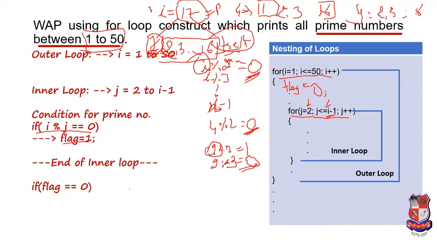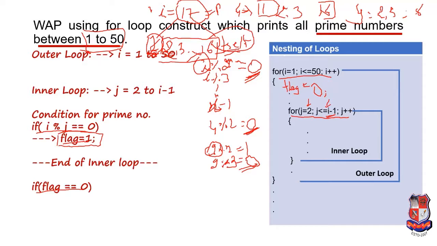Now after the inner loop and inside the outer loop, we have to check if the flag value is 0 or not. The flag value is set to 1 when this condition is true. It means that at least a single time the remainder was 0.